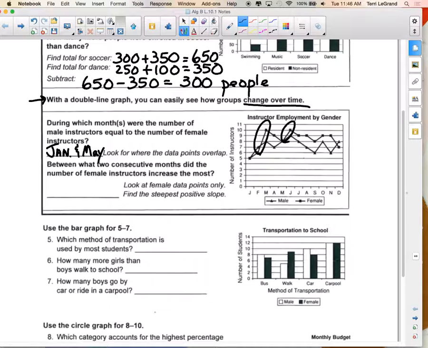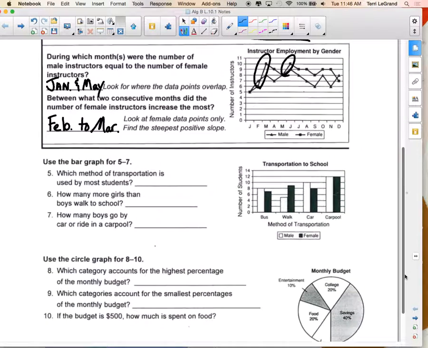How many does it go up from February to March? 4. Okay, so is there ever a bigger increase than that 4, basically what we're looking for? No, so we are going to have to say from February to March. February to March, an increase of 4, right?